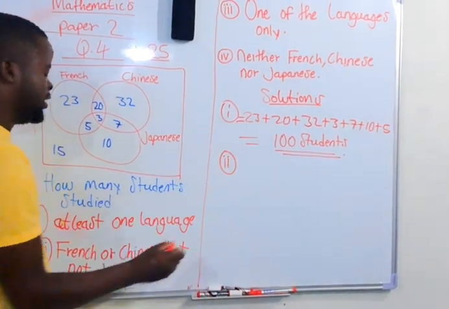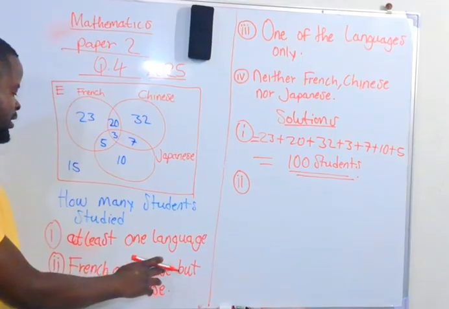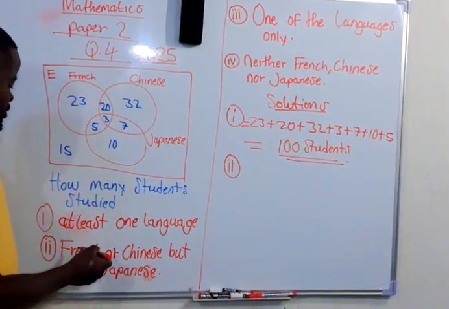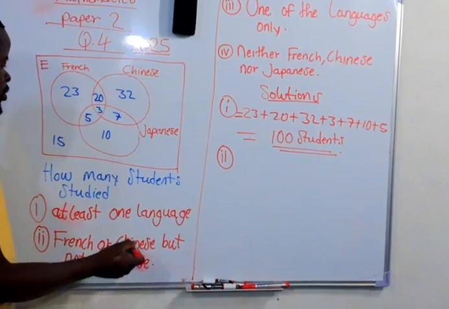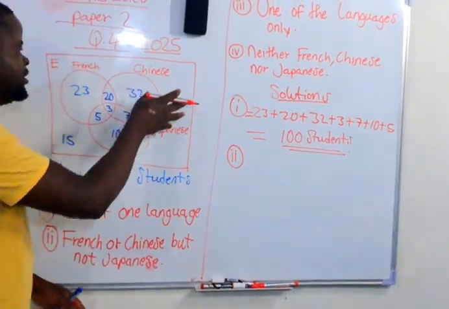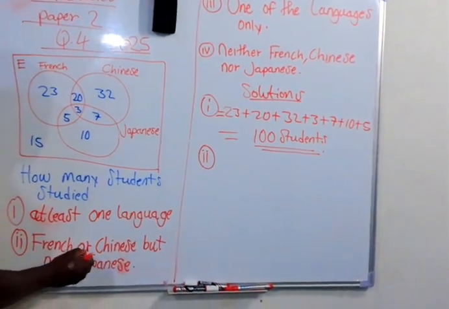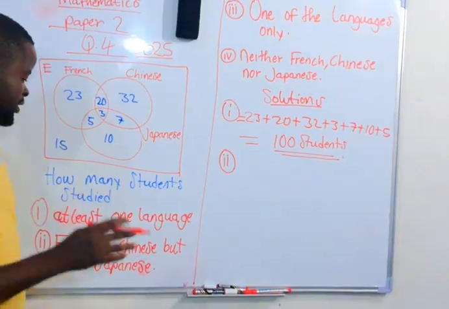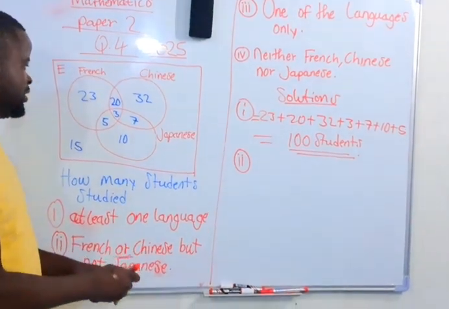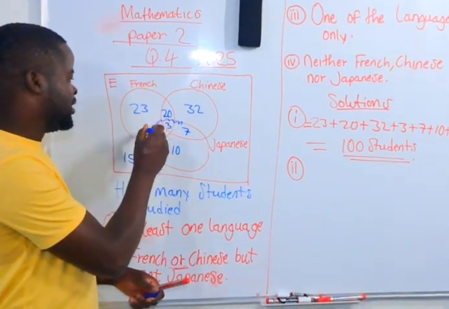Roman number 2 is saying, how many students studied French or Chinese, but not Japanese? So we are talking about those that studied French or Chinese. In this case, French or Chinese represents the union set. Now, when we say but not Japanese, it means that we need to exclude the set for the Japanese language.